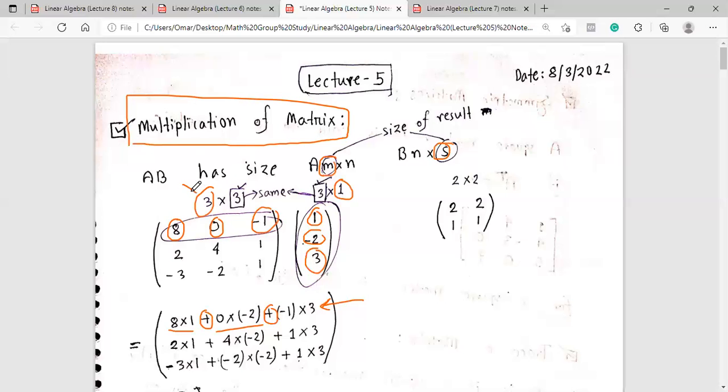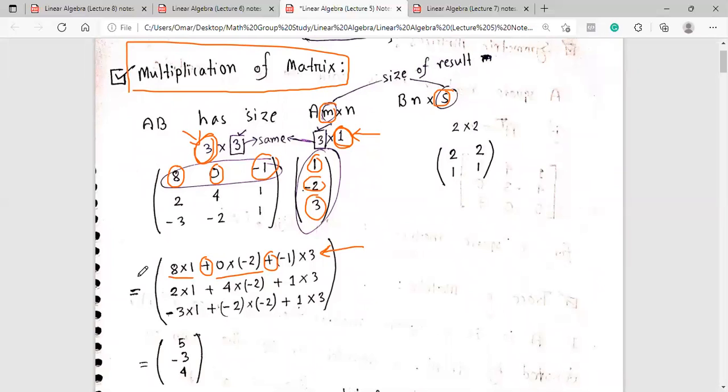It is the number of rows from the first matrix by the number of columns from the second matrix. So we know that our result matrix will be a 3 by 1 matrix, okay?